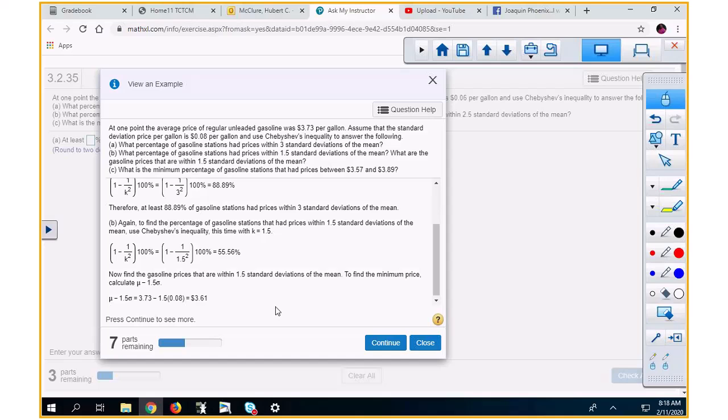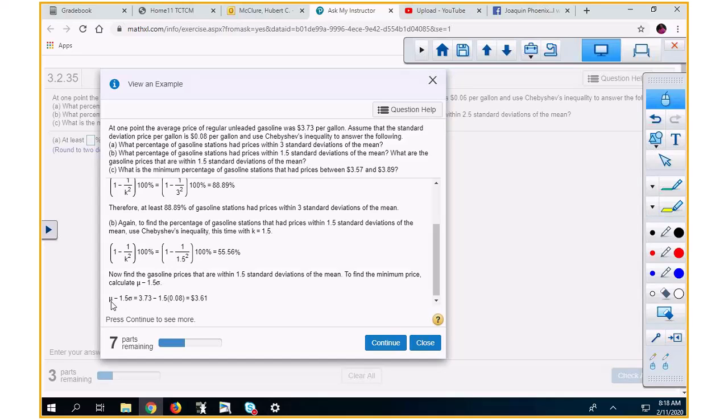And there is your mu minus 1.5 standard deviations is equal to 3.73 minus 1.5 times 0.08. And that's how you do that one. It says, what is the minimum range? Okay, I'm sorry, that's still C. That's still B. And that's doing the interquartile.